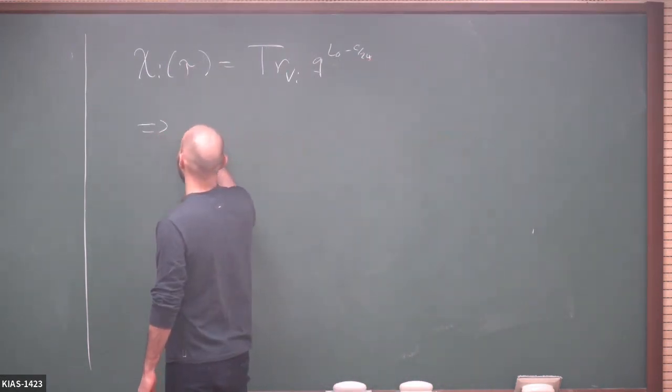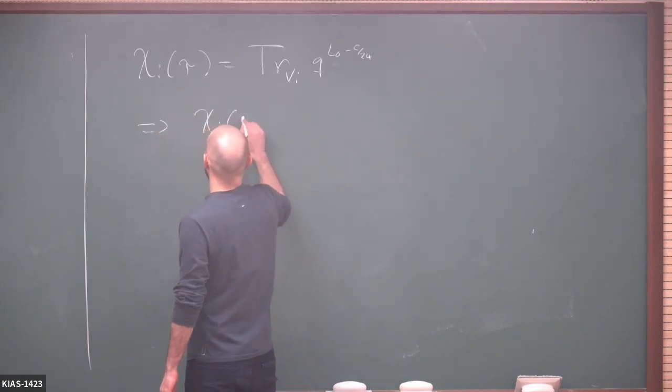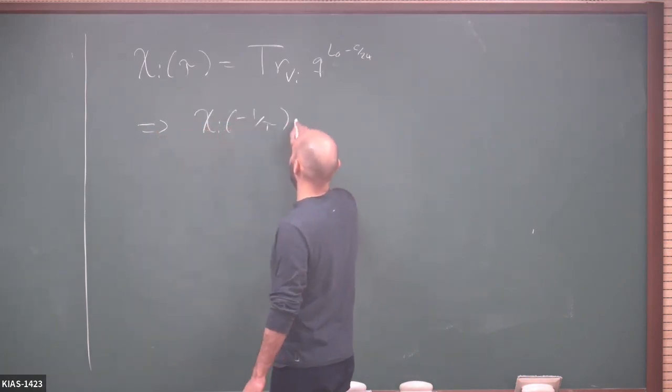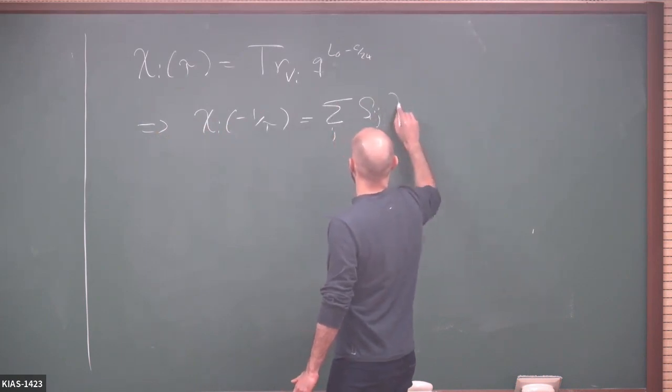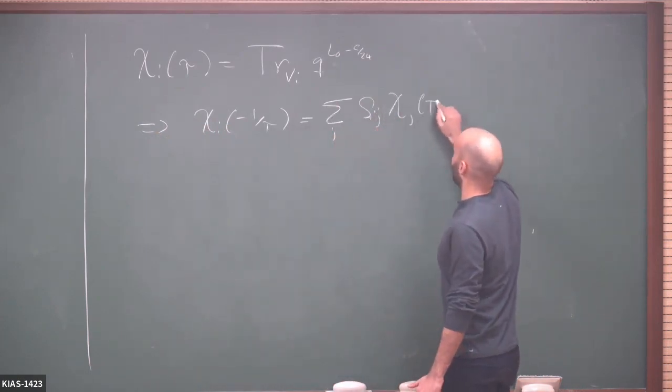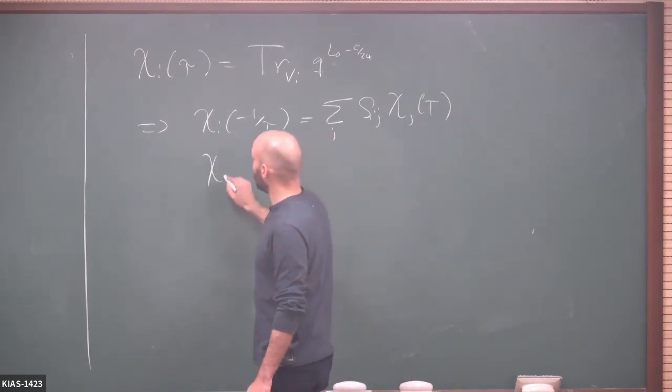Then in an RCFT, what you have is that they transform into each other under a representation of SL2Z.